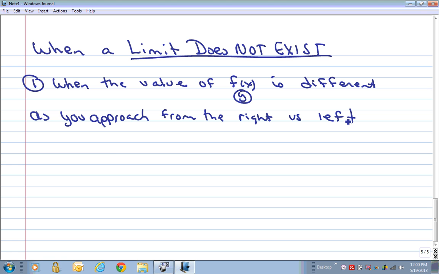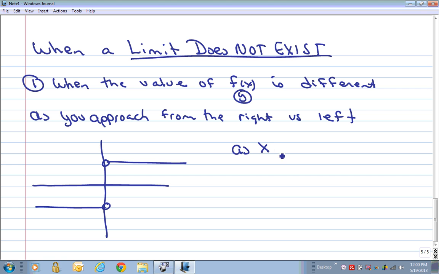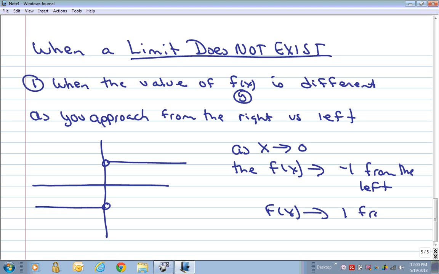Let's take a look at this on a graph. I think it's very visual. So I'm going to give you this piecewise graph. And I'm going to say as x approaches 0, f of x approaches -1 from the left, and f of x approaches 1 from the right.